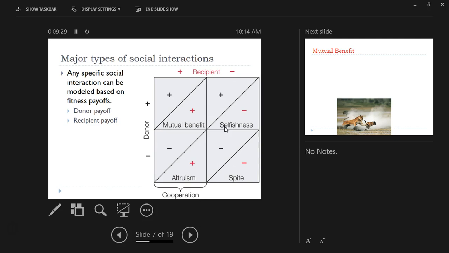So, for example, if the donor benefits from an action and the recipient also benefits from that action, that fits into the category in the upper left. This is a mutual benefit. A lot of times we would call this cooperation. I actually don't like cooperation being down here. So this is a mutual benefit to those two individuals, and that's what they're trying to show with these two pluses.